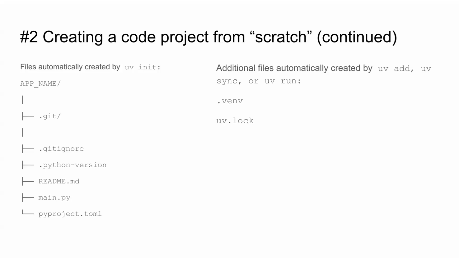There's a README that's blank, and then the main.py, which you could rename if you wanted, and the pyproject.toml. But if you run other commands like uv add, uv sync, or uv run, behind the scenes it will create and temporarily activate a .venv folder just for you, and that uv.lock file that tracks exactly which versions were installed locally.